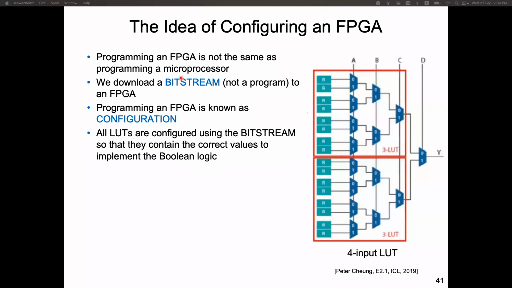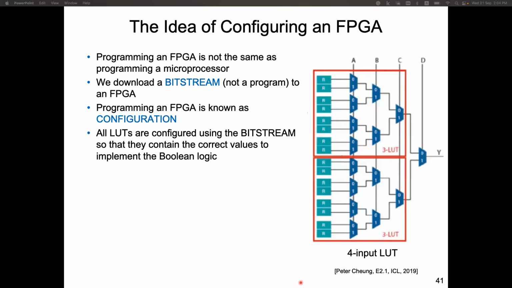Programming an FPGA is not the same as programming a microprocessor. In programming a microprocessor, you give instructions to the microprocessor, which has fixed hardware. But in programming an FPGA, we download a bit stream, not a program, some data, to an FPGA. And this bit stream will go into these memory locations.